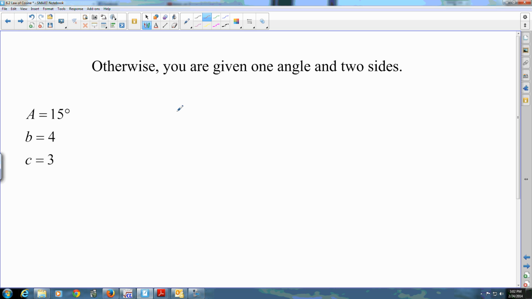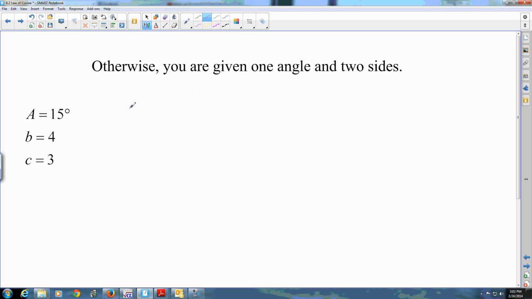When you're given one angle and two sides, how do you know if it's law of sines or law of cosines? Do you have a pairing, in other words, sine of A and side a? Do you have an angle and its side? No, I don't. So automatically that's a law of cosines.